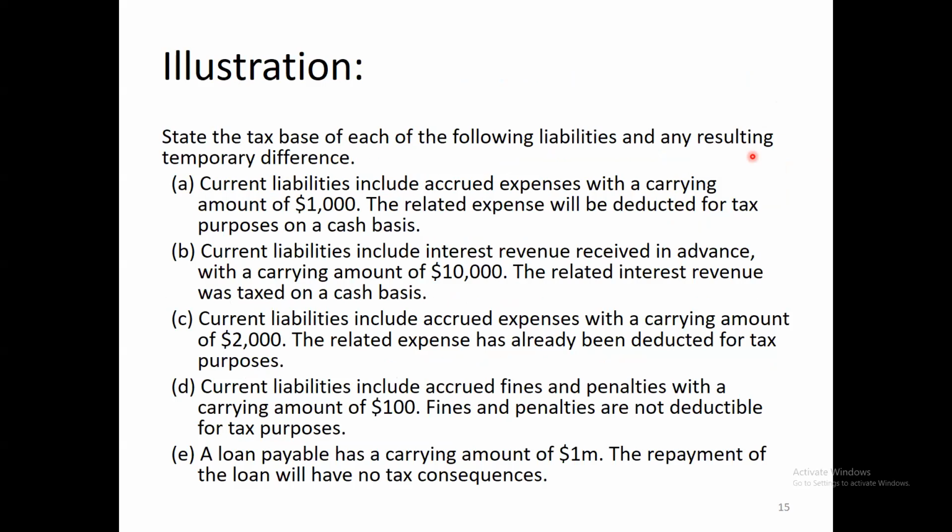First one, current liabilities include accrued expenses with a carrying amount of 1000. The related expenses will be deducted for tax purposes on a cash basis. So we will work this out.